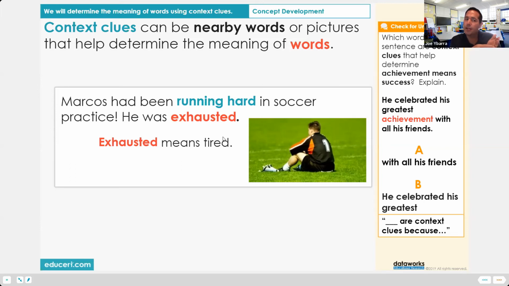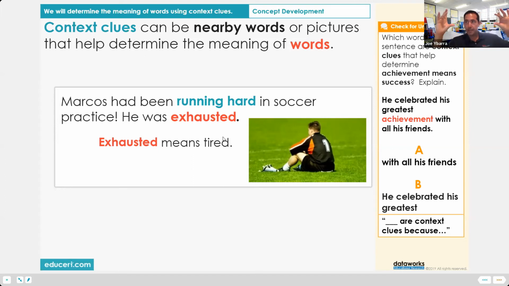Marcos had been, they're nearby words, but that doesn't tell me anything. Marcos had been hungry. Marcos had been sleepy. Marcos had been hot. No, that doesn't tell me that. Running hard. Wait a second. If I'm running hard in soccer practice, when I played soccer and I ran hard, I get very, very tired. Exhausted means tired. Running hard is my context clue, it's nearby, and it lets me know exhausted means tired.